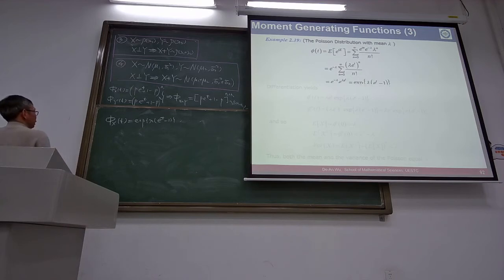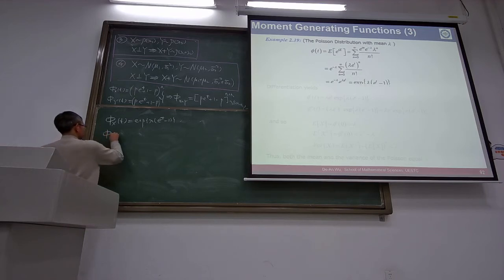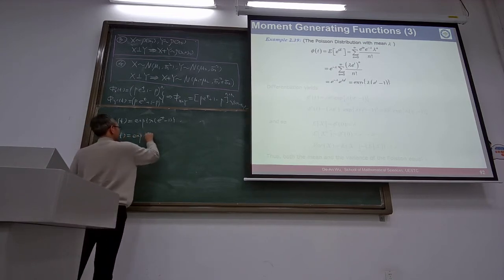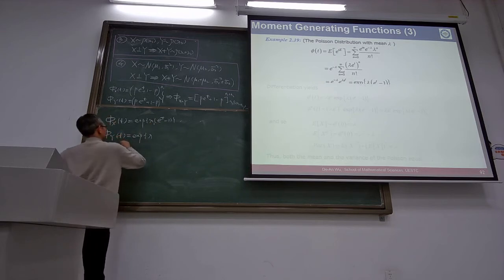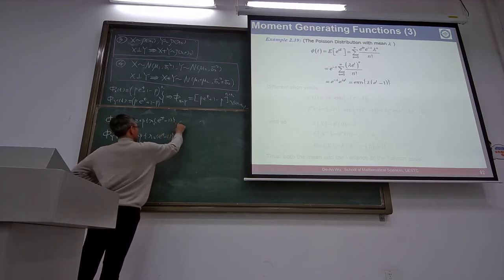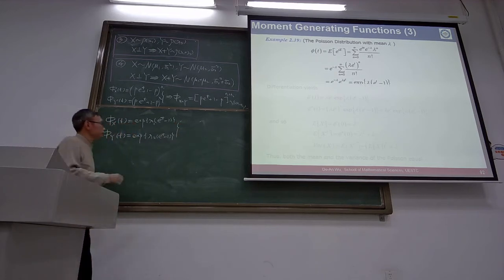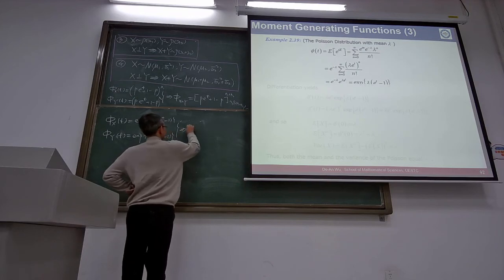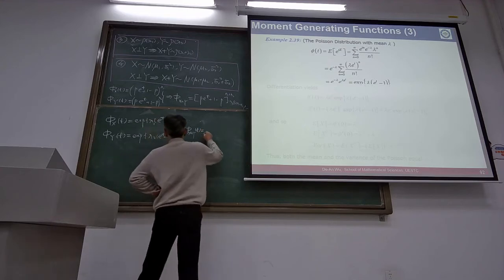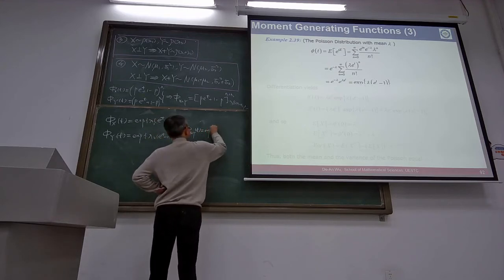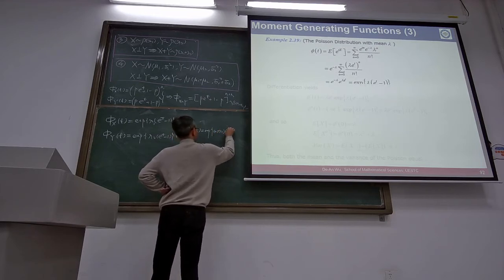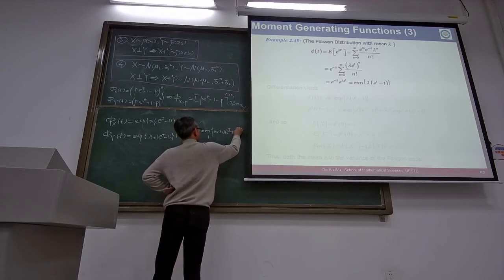For this case, because the product of the moment generating functions is just exponential of (lambda 1 plus lambda 2) times (e^t minus 1), what is this?